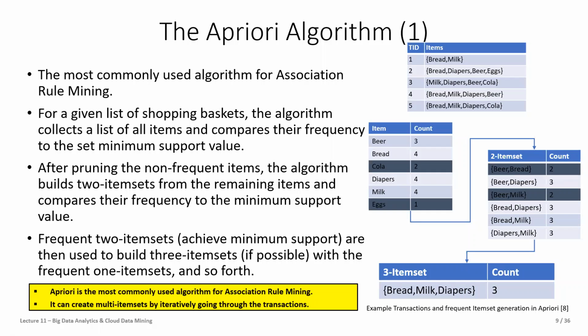From this list, you also remove the non-frequent items, and then you run again through your data set and try to see which 3 items, and so on and so forth. If you have a list of, let's say, k unique items, in the end you might have a list of frequent items that has k-1 items in it.